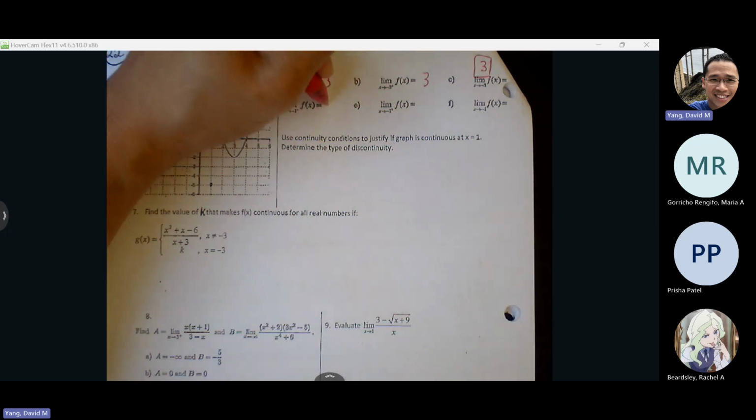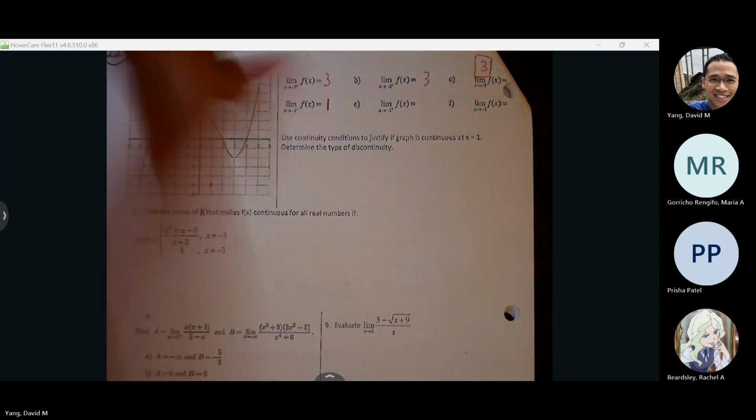Approaching -1 from the left. So maybe it's hard to see here. This graph is meant to extend all the way to that hole there. So pick a point to the left of -1. It's headed towards that hole. It's holding steady at that y value of +1. Approaching -1 from the right side of -1.